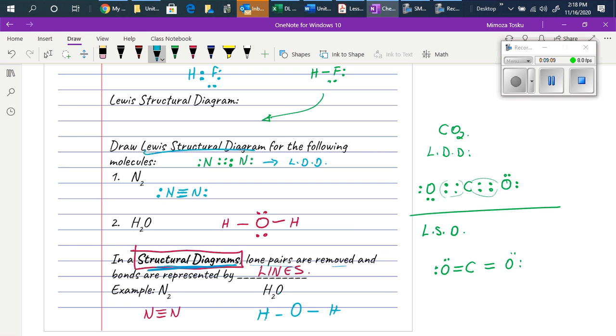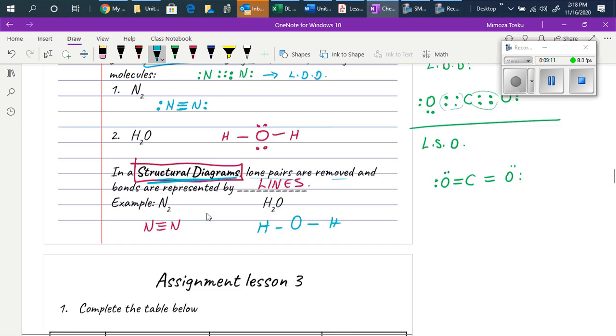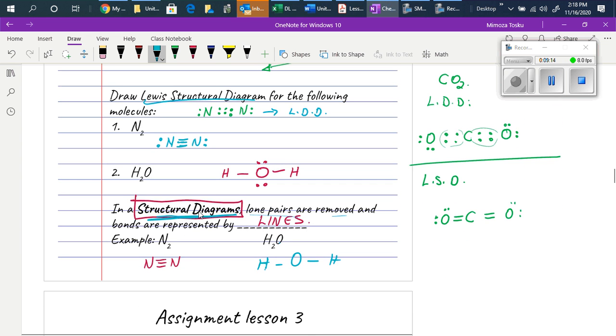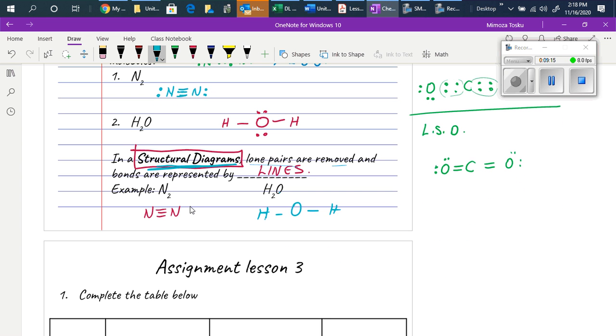So if we summarize this, we have three things to know. The first one is the Lewis dot diagram, where all the electrons and the bonding pairs are represented with dots. The other diagram that we use is the Lewis structural diagram.